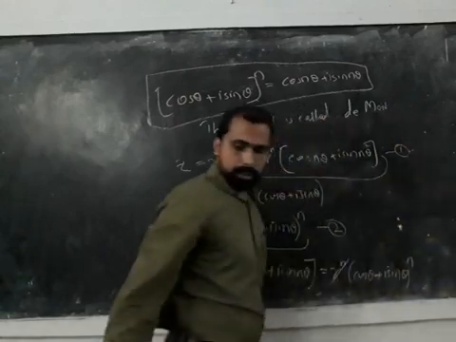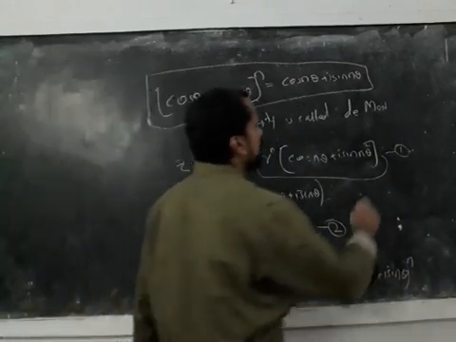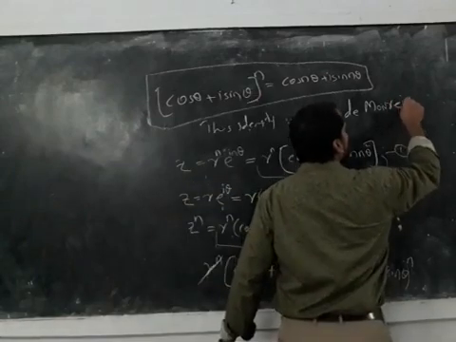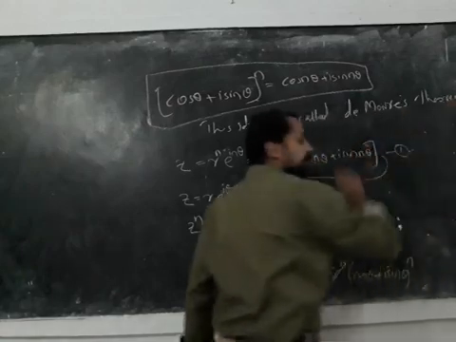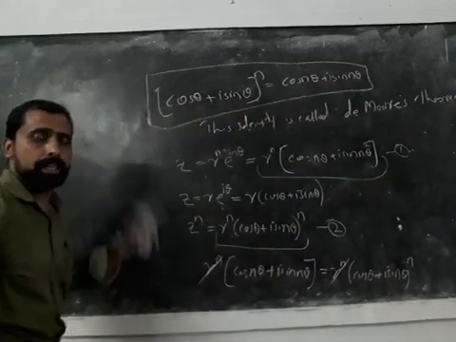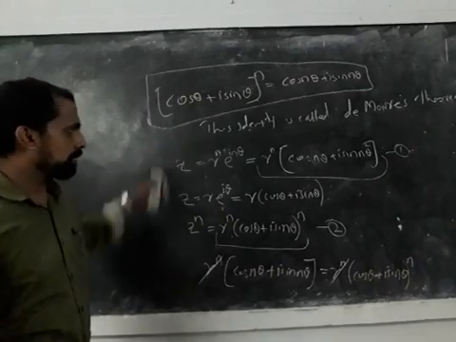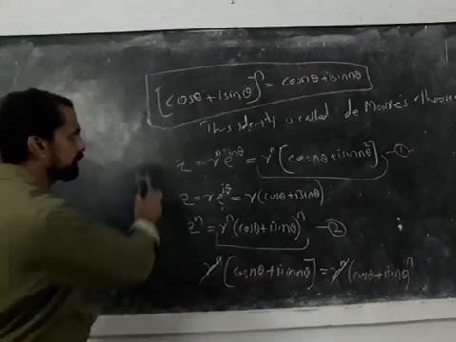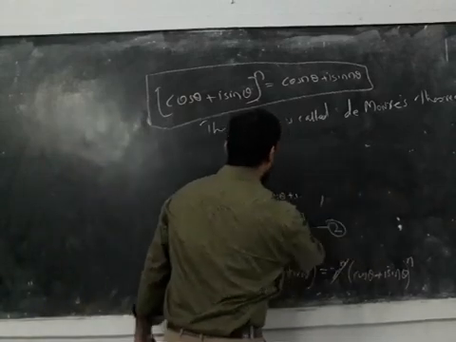I think I am a little bit confused about the spelling. Yeah, I am right. It's here. Okay, so you have to remember it. This is an identity. We will use it at different places.